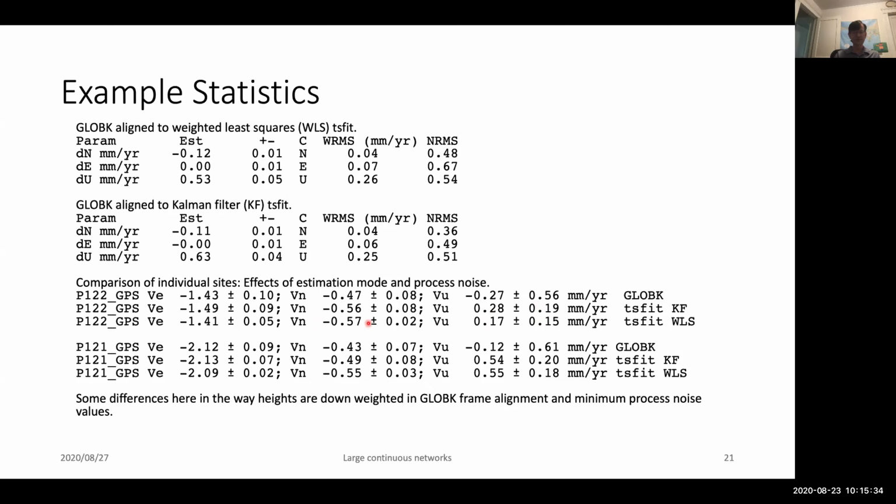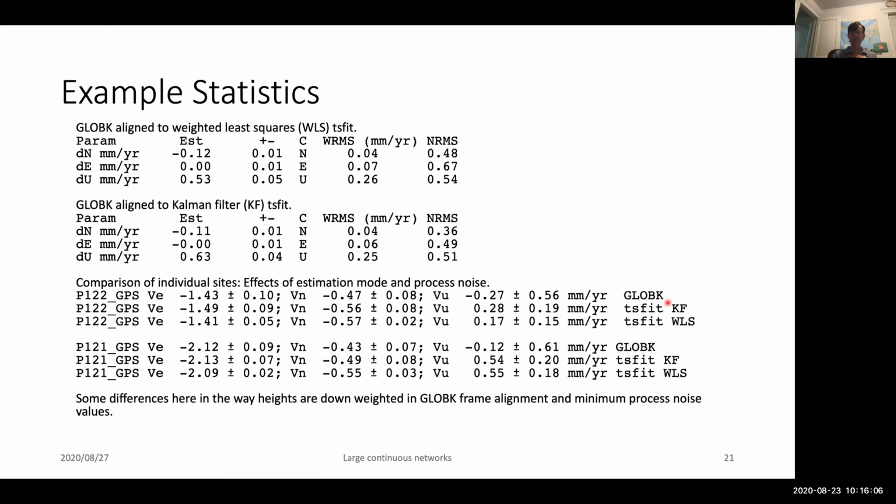Our preferred method, again in TS fit, is to use the Kalman filter option for the output, because it does take into account the process noise in a random walk fashion, the same way that GlobK takes it into account. Also, we find that when you estimate offsets in time series with the Kalman filter, particularly when the time series is systematic, that the offset estimate is more close to what you would expect to see by just taking the difference between the few data points before and after that event happened.